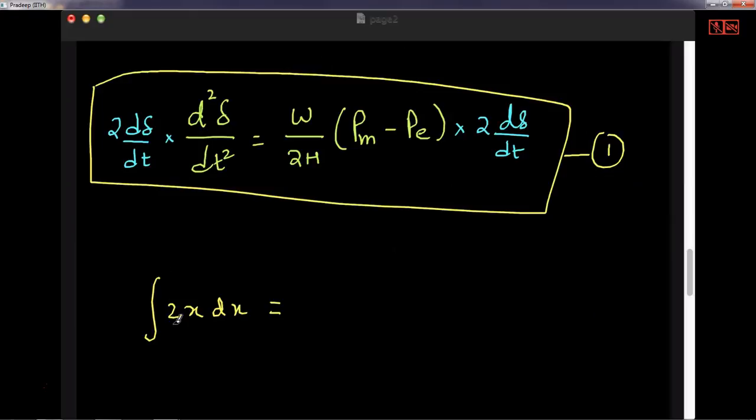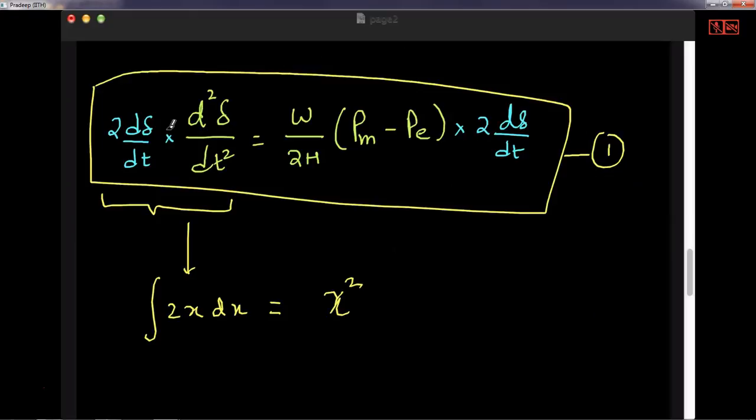The integration of 2x dx is x square. Why? Because the integration of x is x square by 2, and the 2 will cancel. Now look at this. This is exactly the same as this.